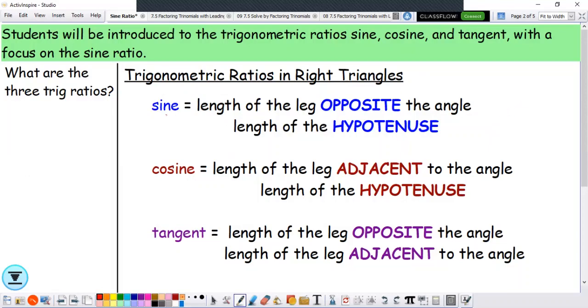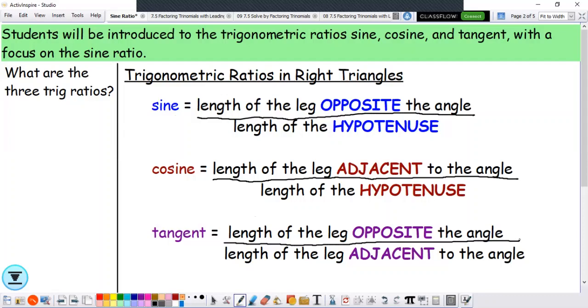We have sine, which is the length of the leg opposite the angle over the length of the hypotenuse. And we have cosine, which is the length of the leg adjacent to the angle over the length of the hypotenuse. And tangent, which is the length of the leg opposite the angle over the length of the leg adjacent to the angle. So these are all ratios, they're all fractions.